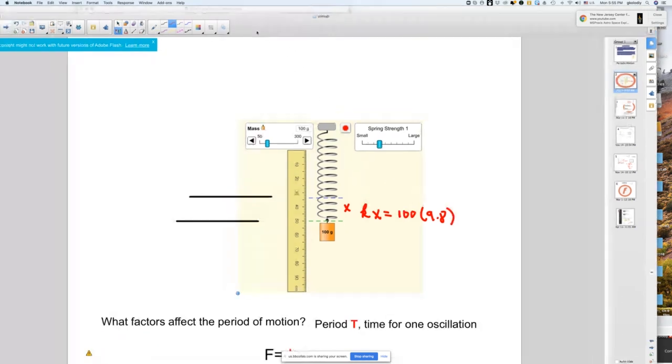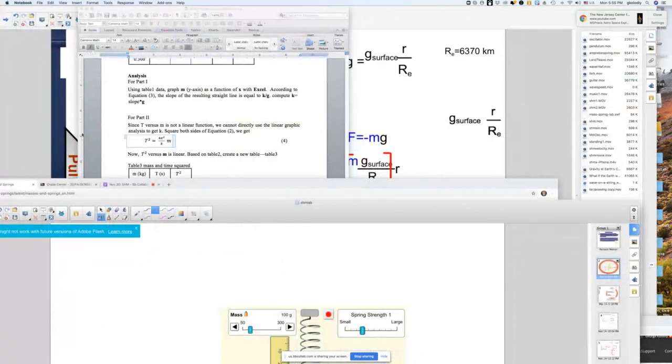Let me also show you one last thing. To do that, I have to actually go into the lab folder. So let me do that while I'm still sharing my screen.